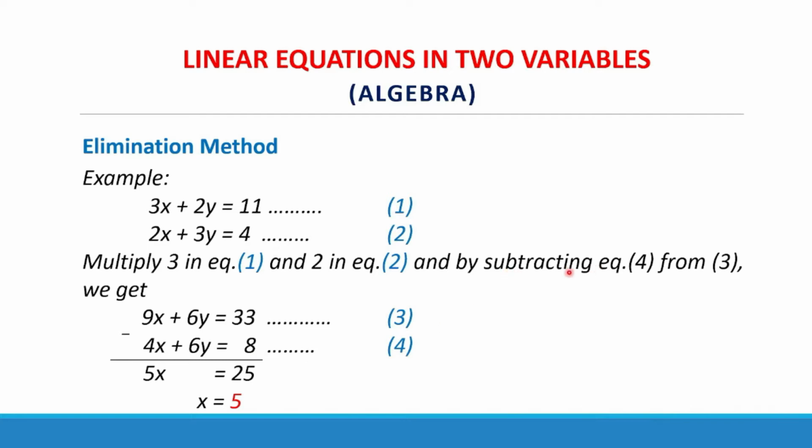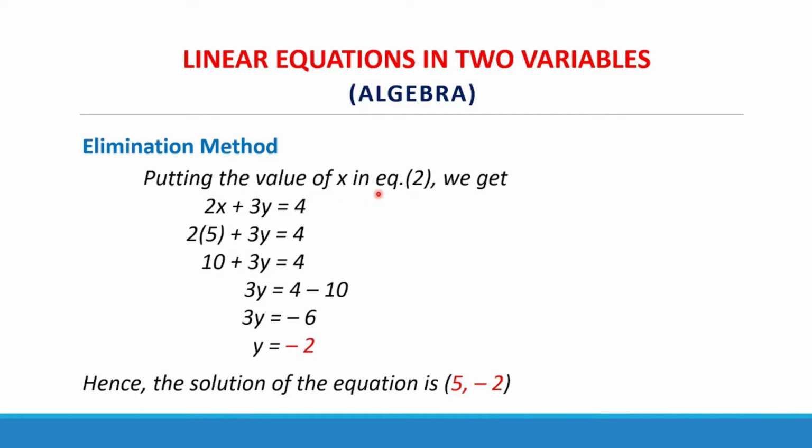By subtracting equation 4 from 3: 9x - 4x is 5x, 6y - 6y equals 0, and 33 - 8 is 25. By dividing everything by 5, 5x over 5 is x, and 25 over 5 is 5. So therefore, x = 5.